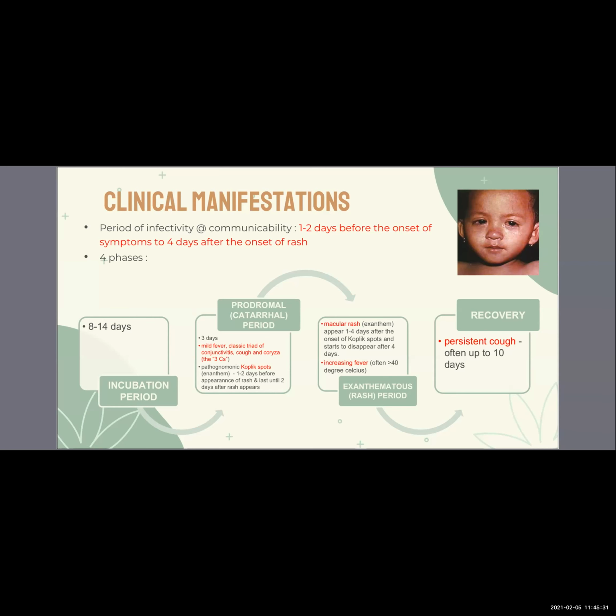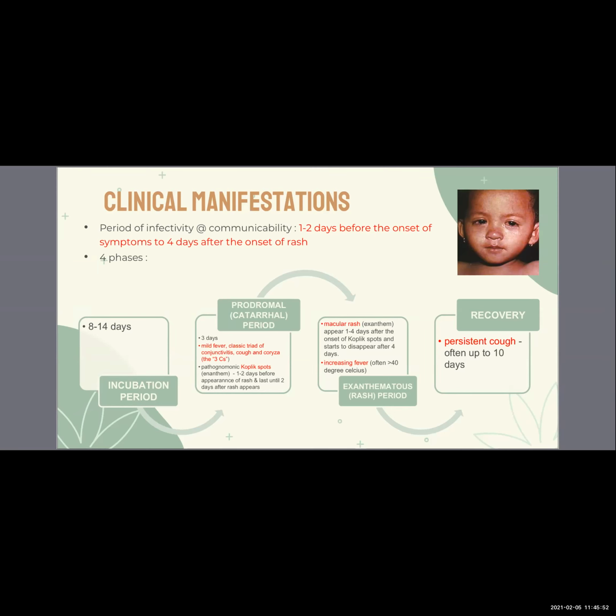Next, after the prodromal period, it is followed by the exanthematous or rash period, where the rash will start to appear around 1 to 4 days after the onset of Koplik spots, and start to disappear after 4 days.